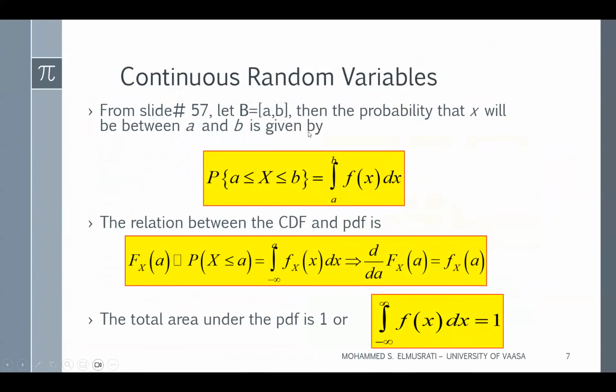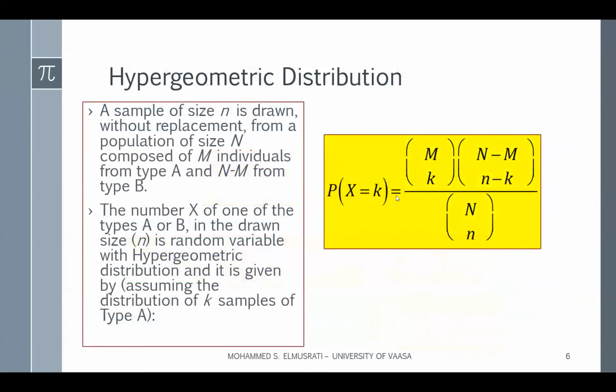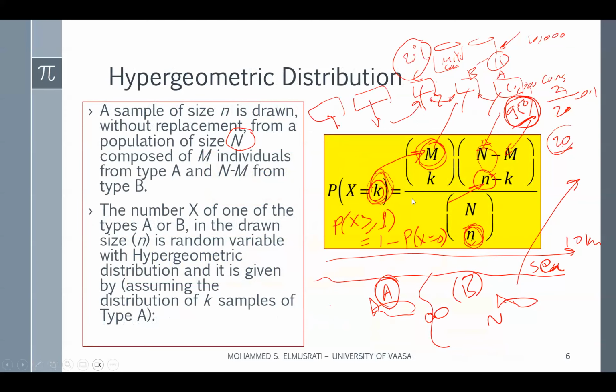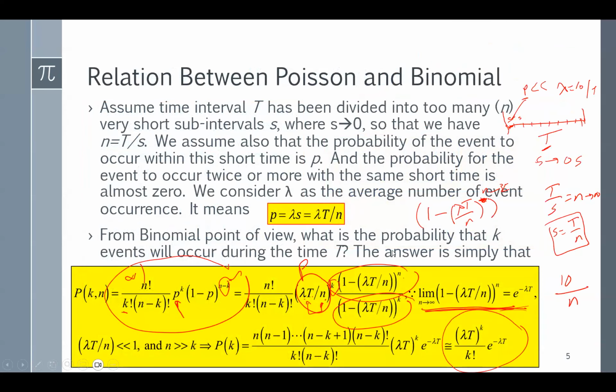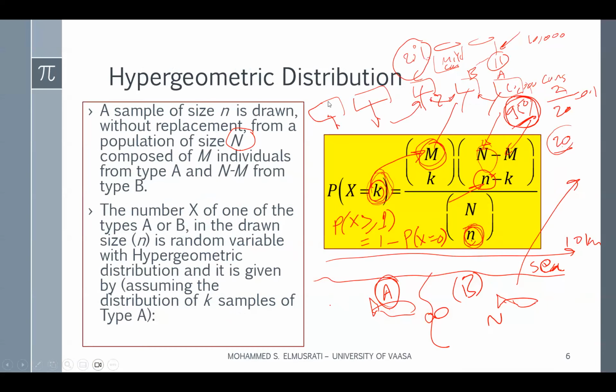In the case of continuous random variables, which we discussed last lecture, we said that we have a probability density function. Here, in this case, it is discrete, so we have a probability mass function. Also the Poisson is discrete. So once again we have a probability mass function because it is discrete.